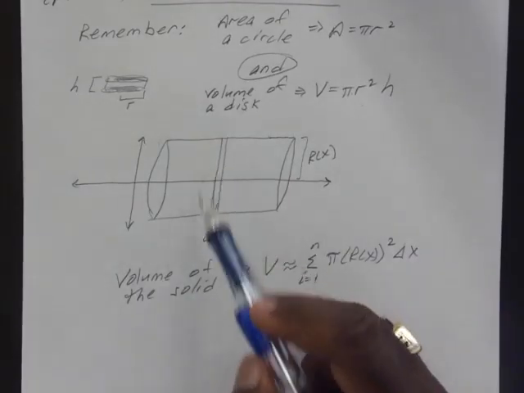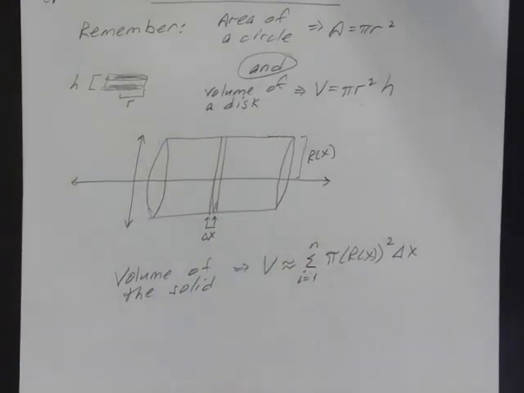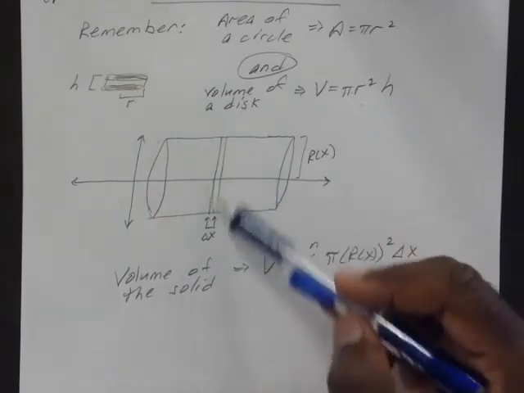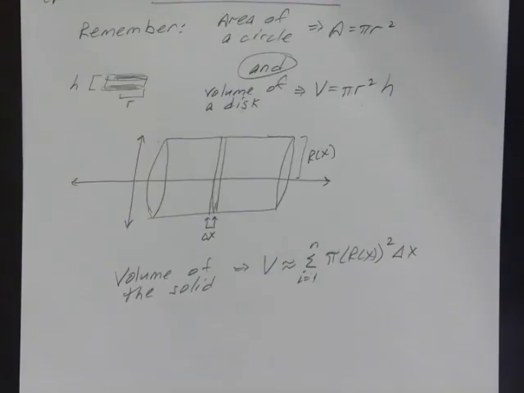So if we made all of these disks and took the sum of all of those disks and added them together, just like before, the more disks that we slice out of there and add together, the more accurate our volume approximation would be.